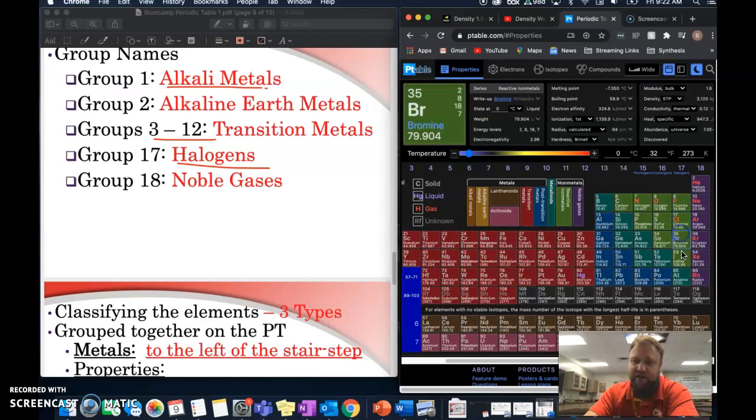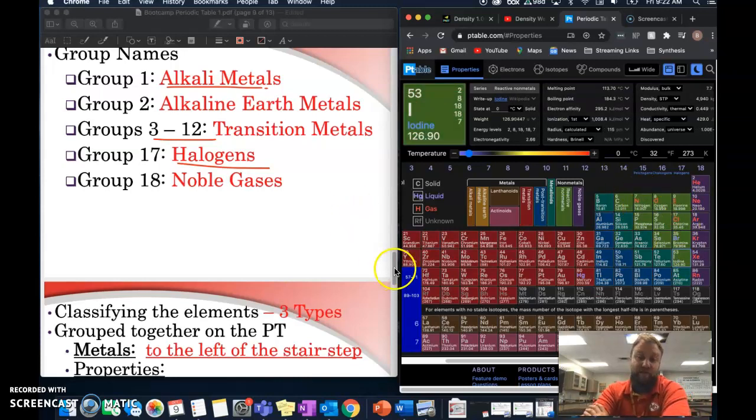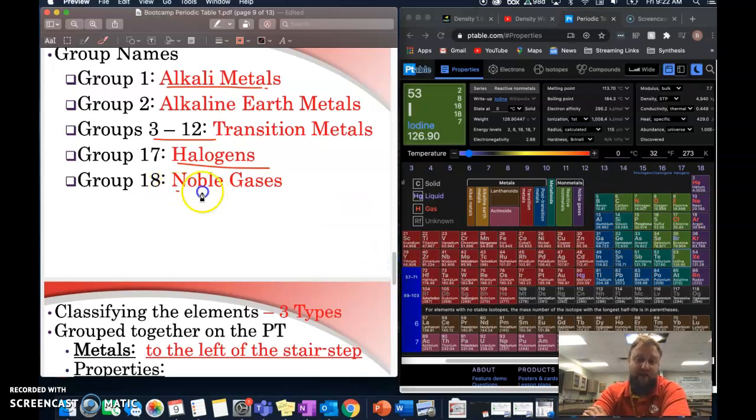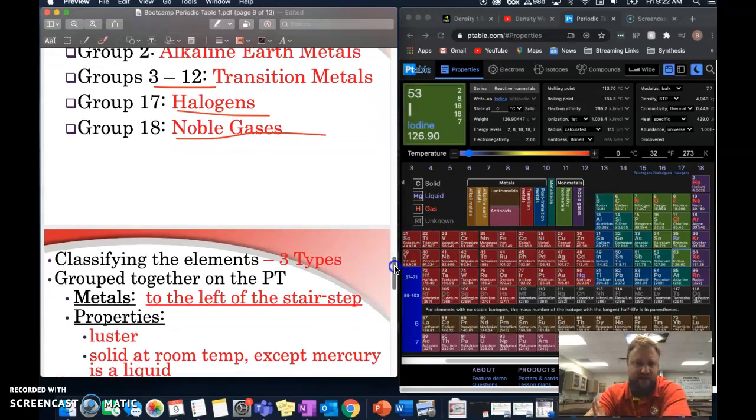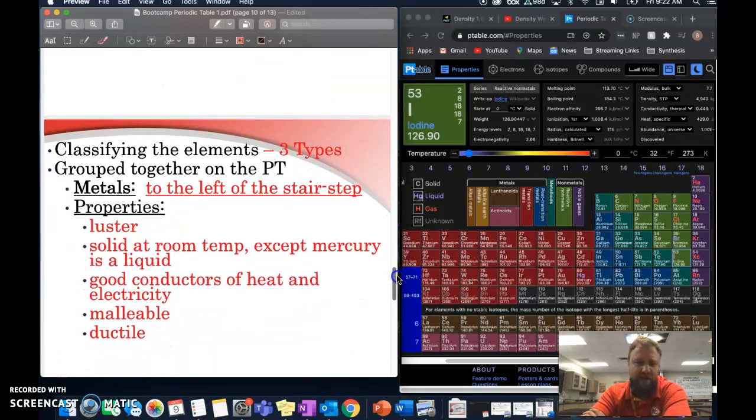These are nonmetals, and they're very reactive nonmetals. And then finally, our noble gases, which are non-reactive gases. The reason they're non-reactive goes back to valence electrons, and we'll go over that here in a class or two.